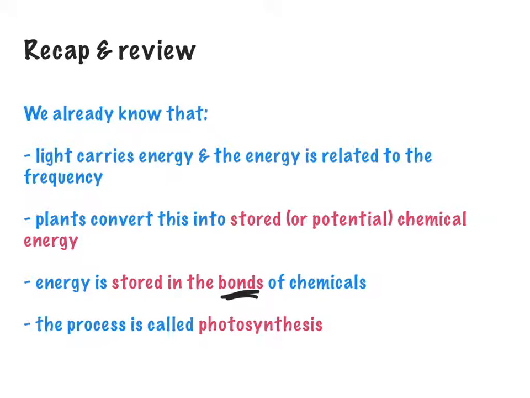So the more atoms we have in a chemical, obviously the bigger the number of bonds we would have, and the more energy it's storing. Now, as of course we know, this whole process of using radiant or light energy to convert into chemical energy that is done by plants is called photosynthesis.